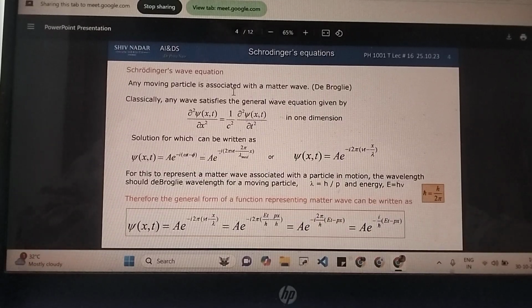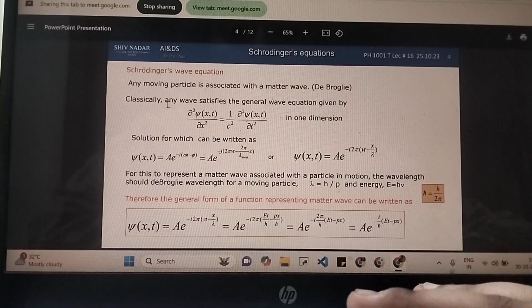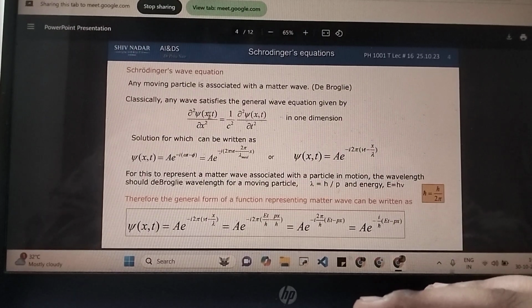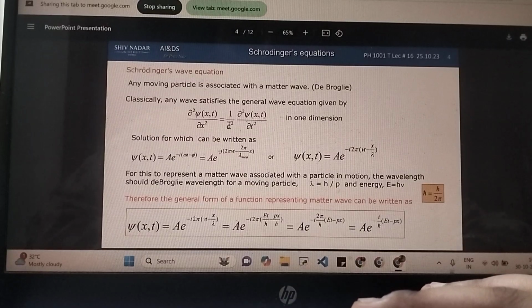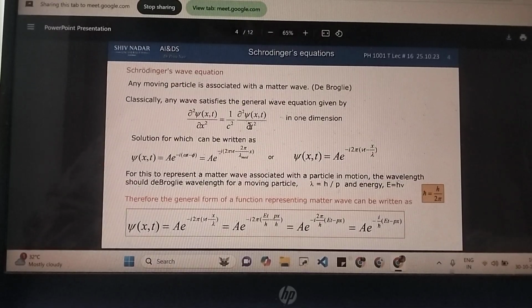And what are those class of functions? Those are the functions which satisfy this equation. And what is this equation? I take an expression. The second derivative of that expression with respect to x should be equal to 1 by c squared times the second derivative of that expression with respect to t. So it should be an expression in terms of x and t.